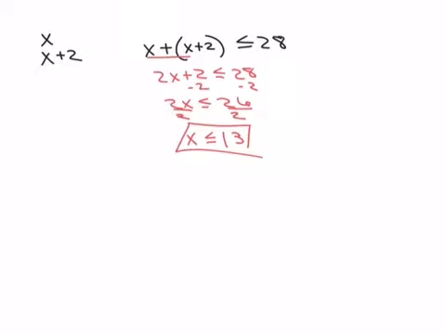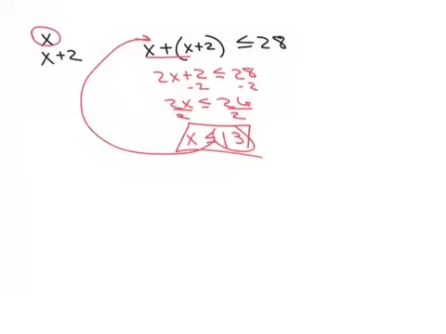So there's our answer. Now we can take this number and plug it back into our original one and figure out if that's true or not. But all we found out is that 13 is a possibility.